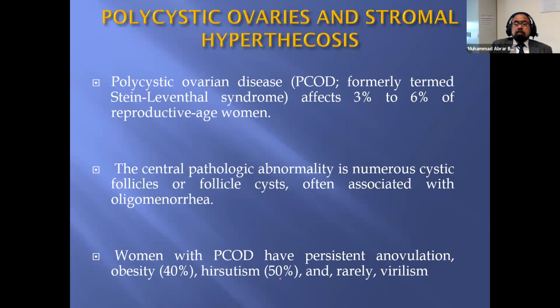For example, they might have mustaches, a small beard, or abnormal hair on the chest also. And virilization means there is a change in the voice, as we call it masculinization, a change in the voice pattern, or probably an increase in the size of the clitoris.